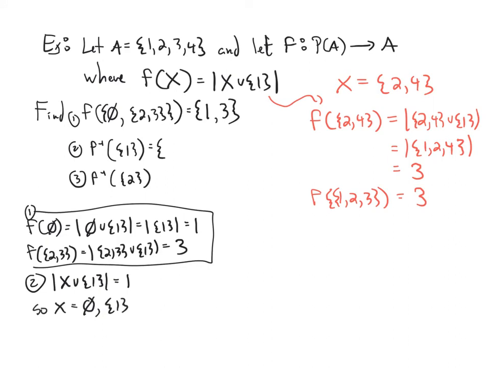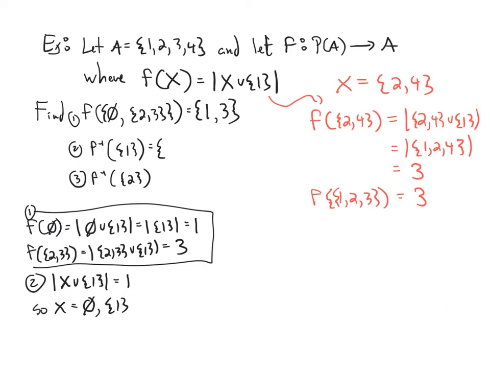If there's any other element but 1 in this set, then X union {1} is going to have more than 1 element. If you have a 2 or a 3 or a 4 in X, then the union is going to have a 2, 3, or 4 in it as well as the 1. So the size of it is going to be bigger than 1.